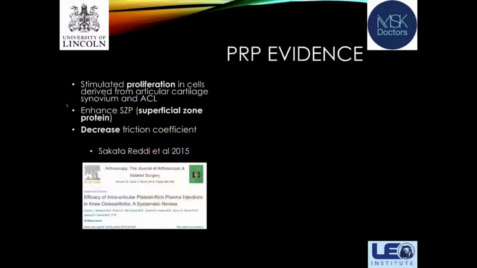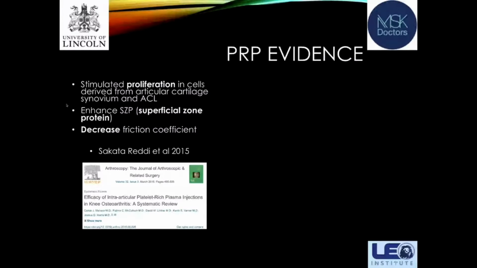Now, in terms of evidence, how much evidence do we have for using PRP, and how does it actually work? We say you've got some growth factors, you take the middle layer out, but how does it actually work? So research has been done. If you want to get down to the very nitty-gritty, it basically enhances the superficial zone protein, decreases the coefficient of friction and increases the proliferation of the cells. So what it essentially means is it makes the knee have less friction within it.